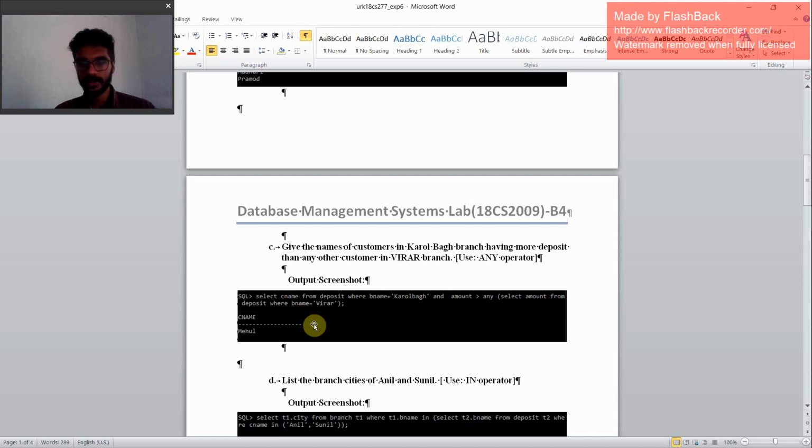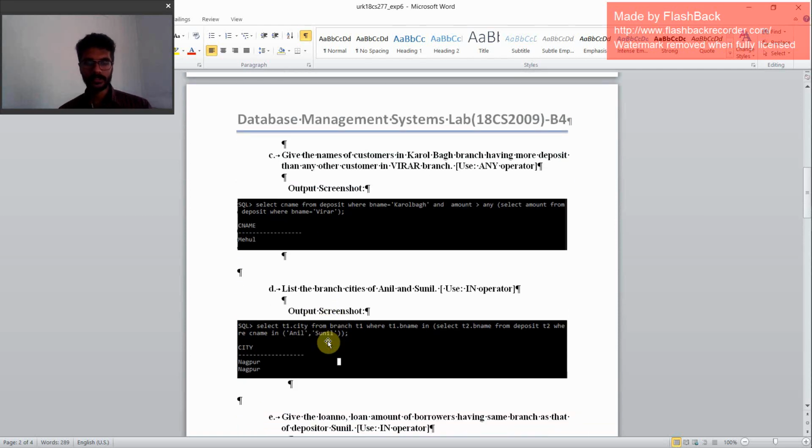With the greater than clause and the ANY operator, it compares with the customers and checks who has a greater amount. You get the name Mehul, who has his account in Karol Bagh and deposits more than the customers in Virar branch.